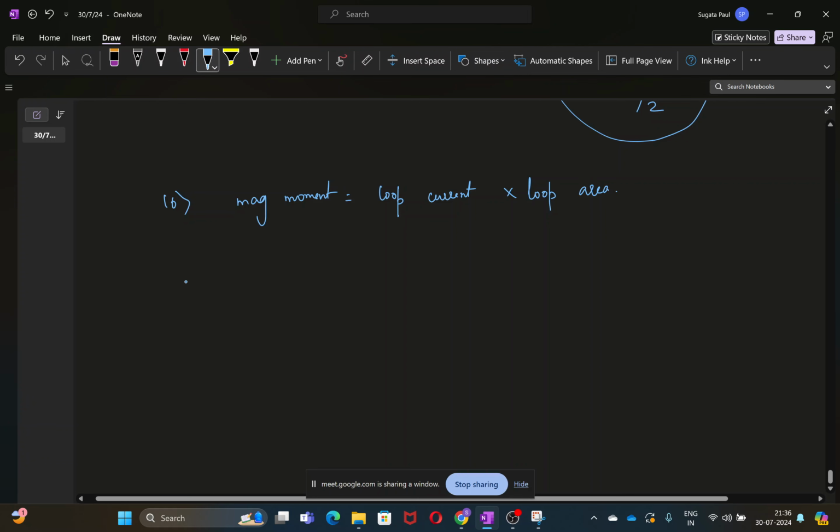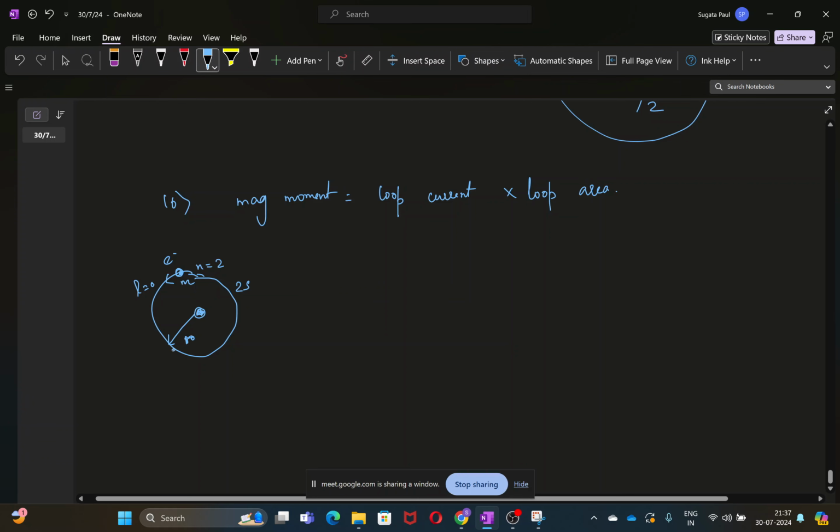So if the electron is in the 2s orbital, let's say this is the nucleus here somewhere, and this is the 2s orbital around the nucleus, and the electron is revolving around the nucleus in this 2s orbital. So here n equal to 2 and L equal to 0. This is the electron, and this is the mass of the electron. The orbital radius of this 2s orbital is r. Okay, and this is the center point or the nucleus.